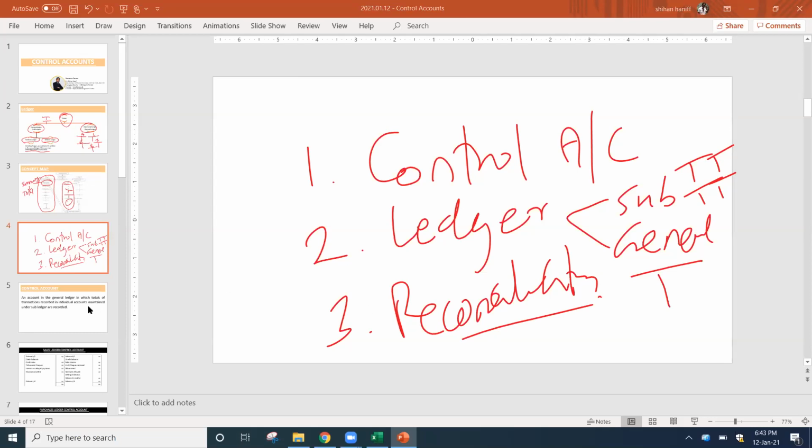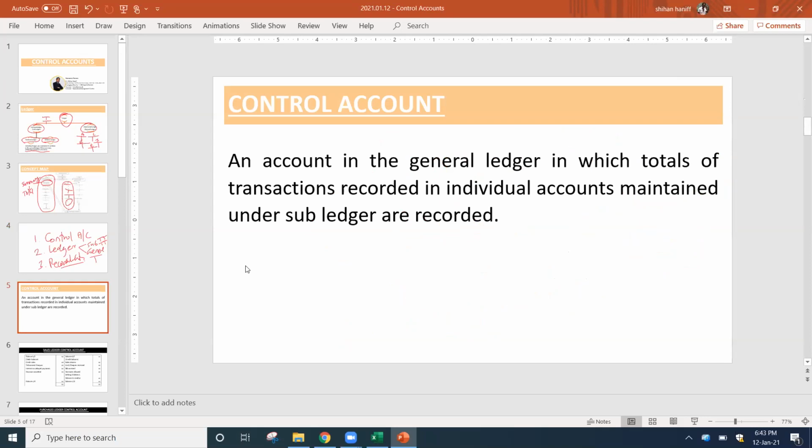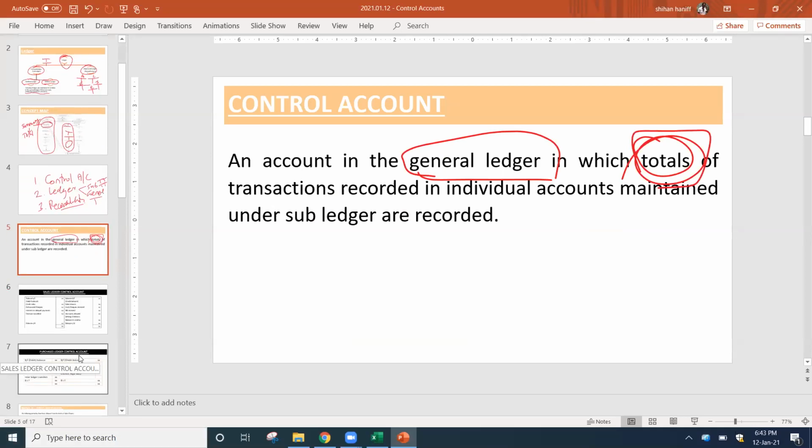So let's start with the control account. What is a control account? It is an account in the general ledger in which the totals of transactions recorded in the individual accounts maintained under the sub-ledger are recorded. In the sub-ledger, we have individual accounts. In the general ledger, we have the total. So there are 2 control accounts.